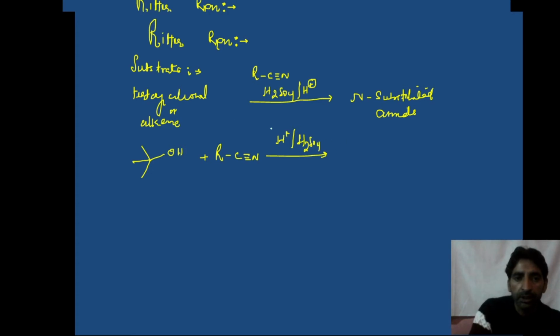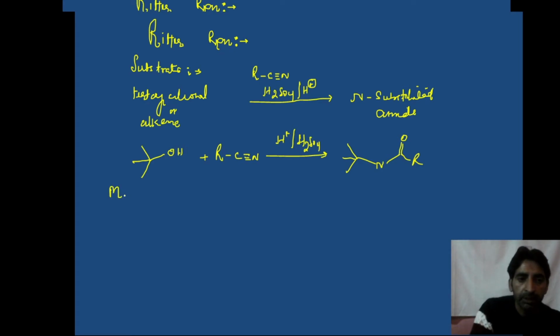In this reaction we get the product, the N-substituted amide. The product will be this N, with an amide group, double bond O and R.